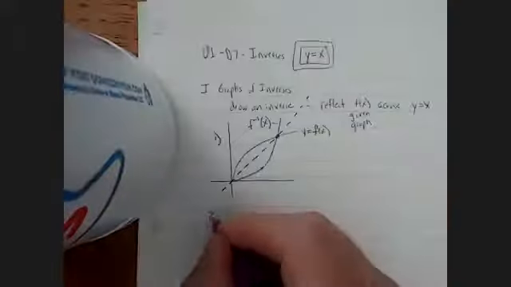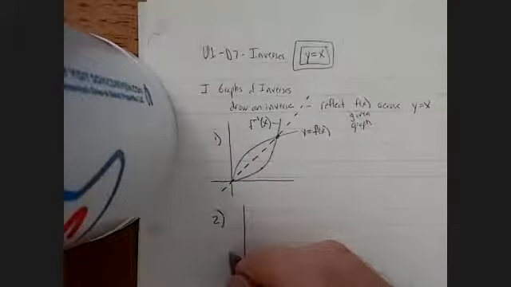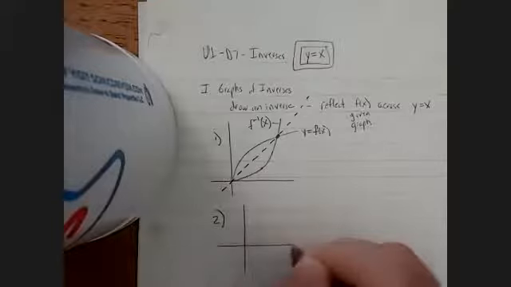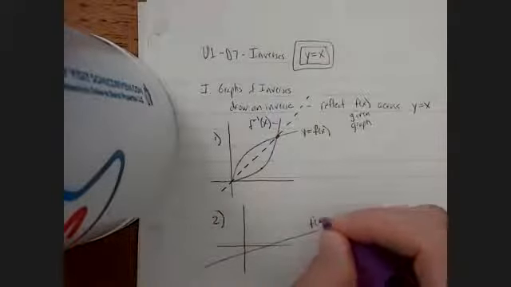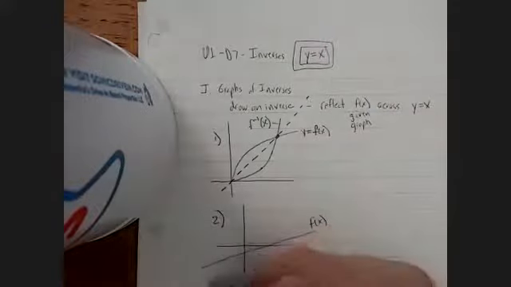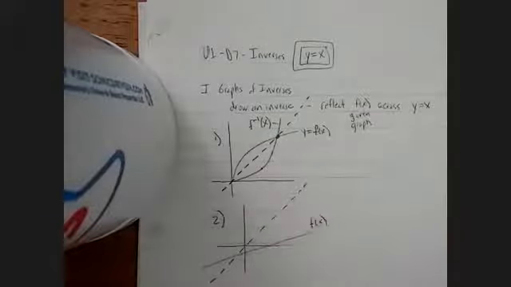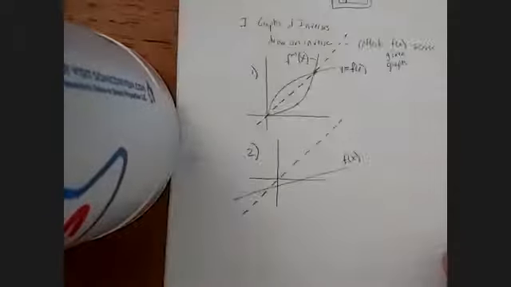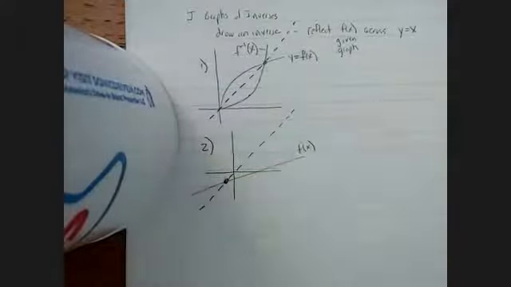So that's the first example. Another example of reflecting it across y equals x. Let's just draw a line, looks something like that. There's our original. Then on this graph, we'll graph y equals x. And again, any point on y equals x will be on the inverse. So that point will be on there.